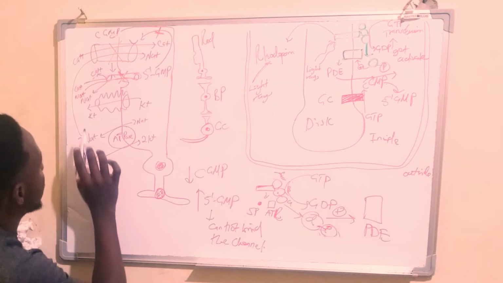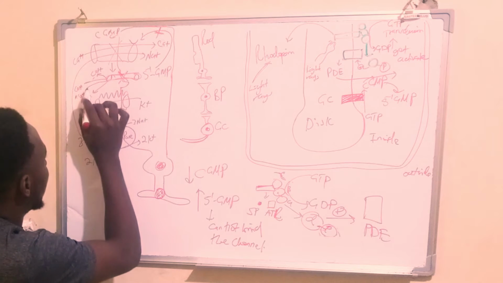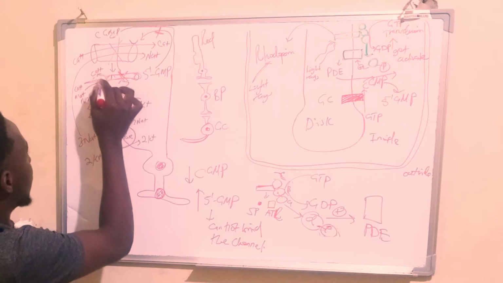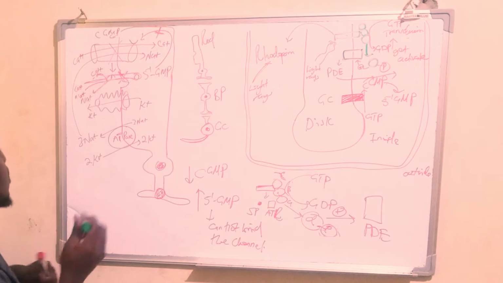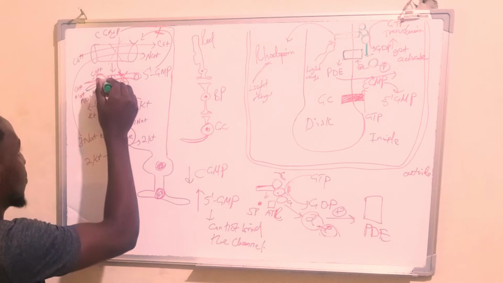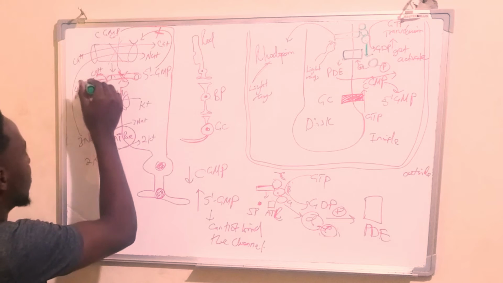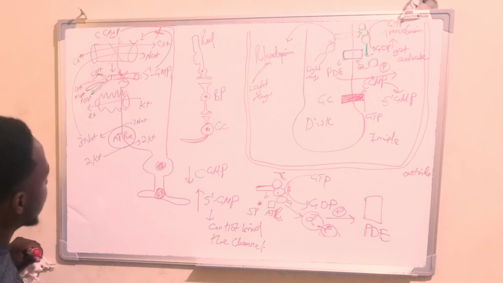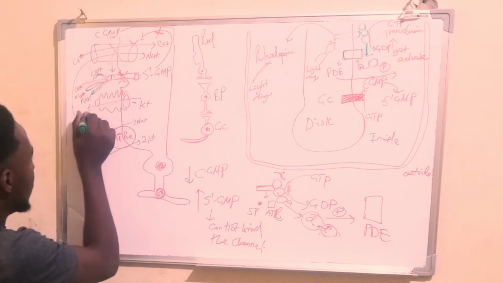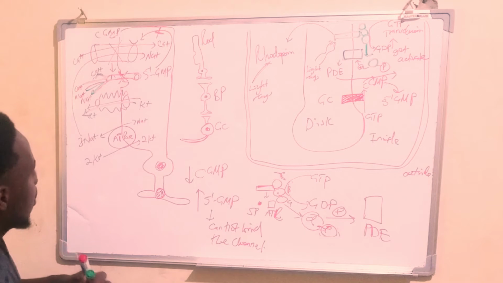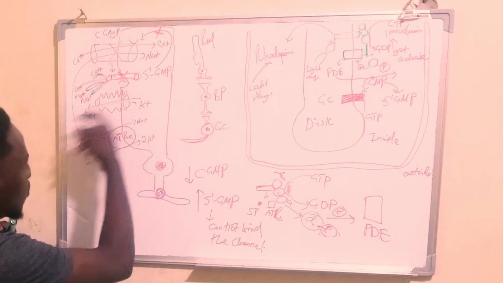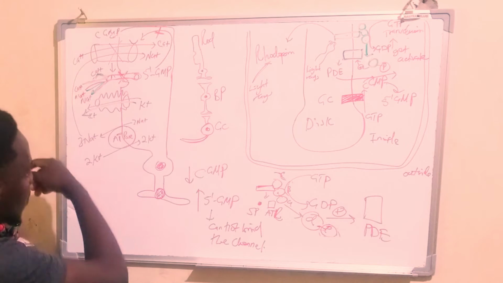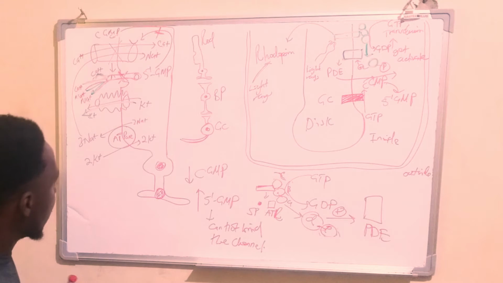Now that they have closed, sodium cannot enter as shown by that arrow. Calcium can't enter as well. So you can't have influx of sodium and influx of calcium. But you do have efflux of potassium there. So since sodium is being pumped out, and more sodium is being released outside, these cells now will hyperpolarize.